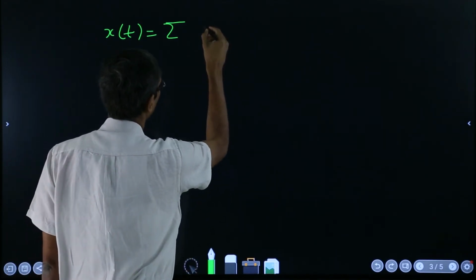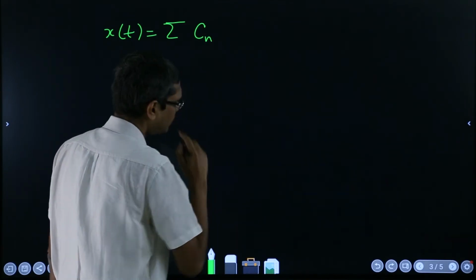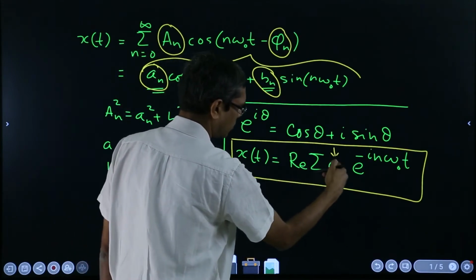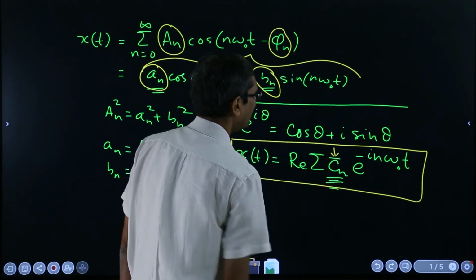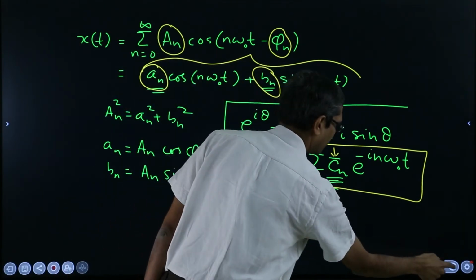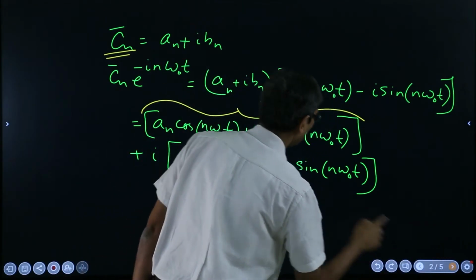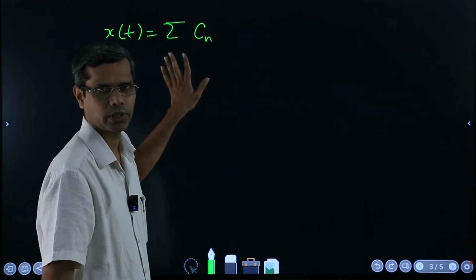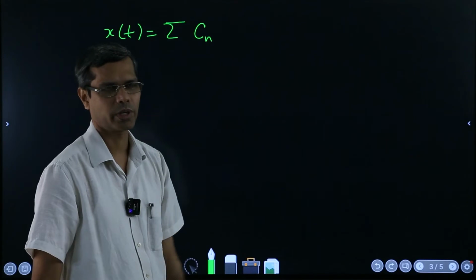So what I'll do is, this coefficient which I had written here, I'll write with a bar, because this form we will not be using much, so I'll replace this with a bar, here also with a bar, so that here I can use just Cn, because this is the form most widely used. Okay, in the literature also you will see this form a lot rather than the real part of a summation.